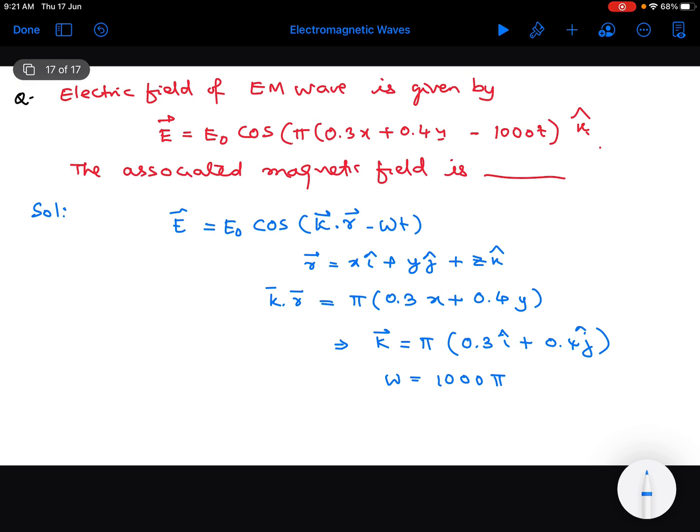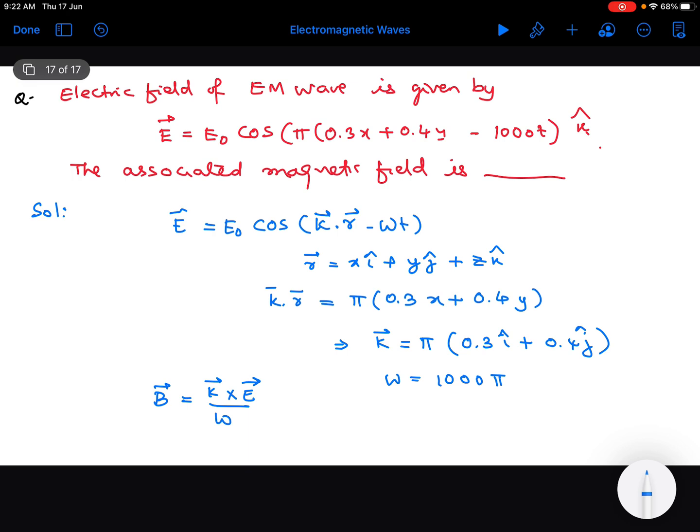The question is we need to find out what B is. B bar is equal to k cross E bar by omega. Now we know k, and we also know the direction of E. E is along k cap.